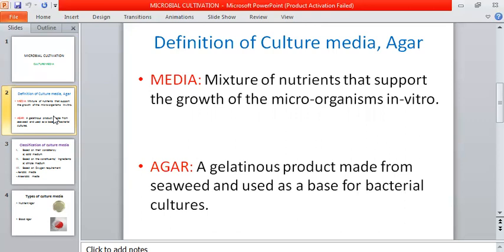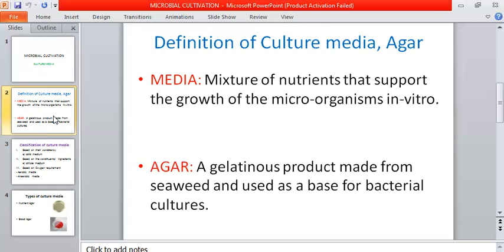So we also have agar. When we prepare the media, there are two forms. We can have liquid media and solid media. The liquid media does not have the agar, but the solid media has the agar.